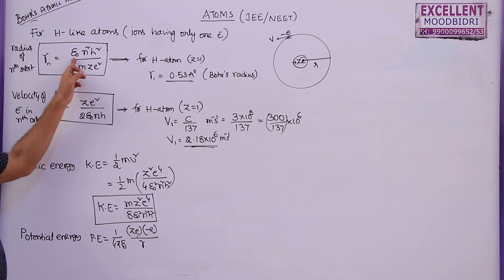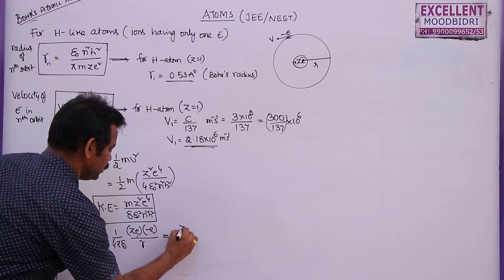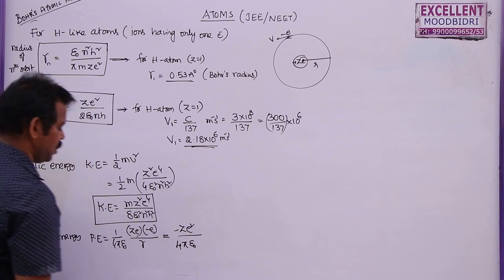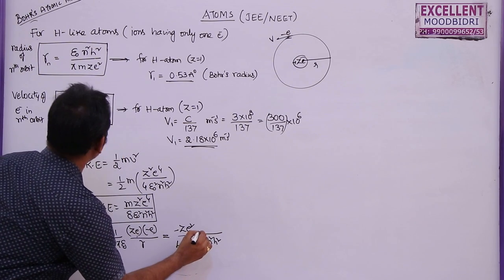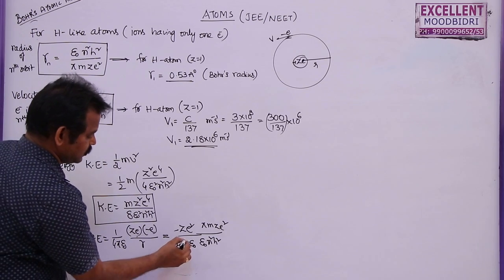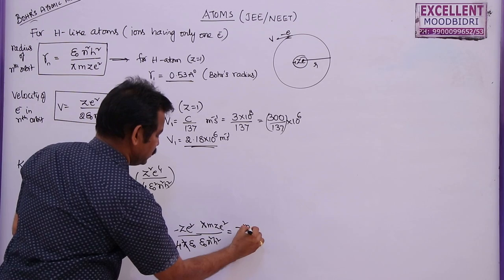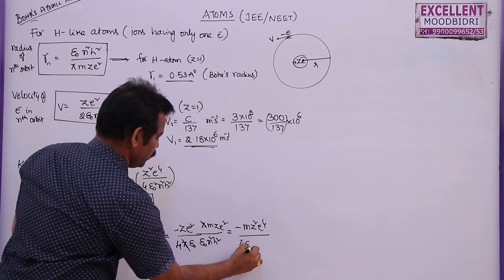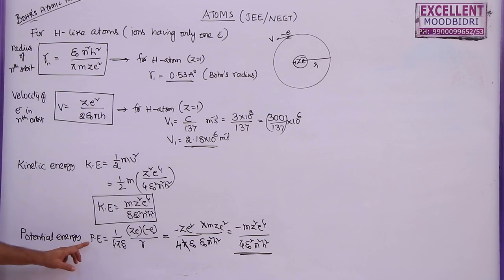You can substitute the value of r. So this can be written as minus Z e square by 4 pi epsilon naught, and r is equal to epsilon naught n square h square by pi m Z e square. Now you can cancel this pi and pi here. Then you will write minus m Z square e power 4 by 4 epsilon naught square n square h square. This is the potential energy here.